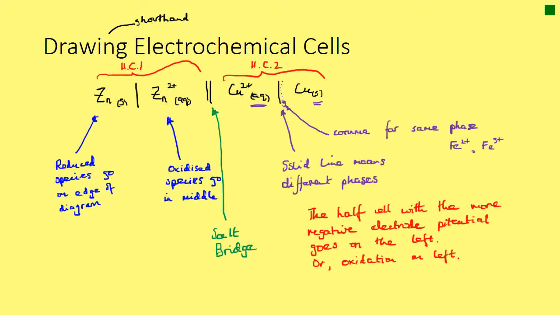Another way of looking at that is that oxidation goes on the left. And that's the standard that we use, so that when we see a half cell written in this way, we can work out what's going on in each half cell. So the best way for us to embed this is to look at an example. So let's do that on the next slide.